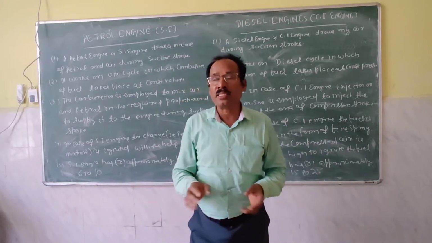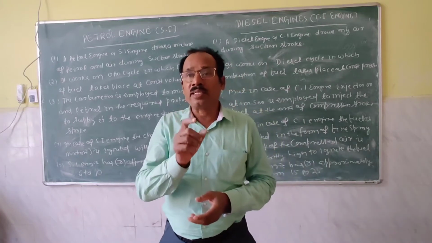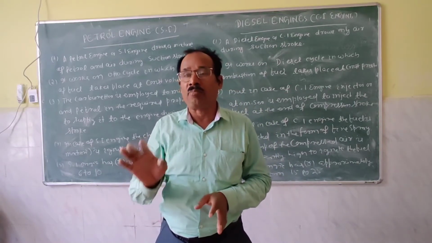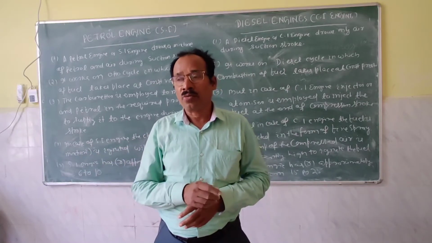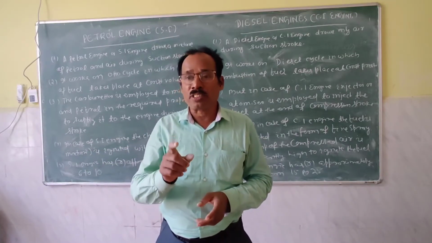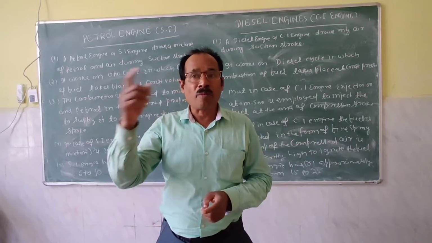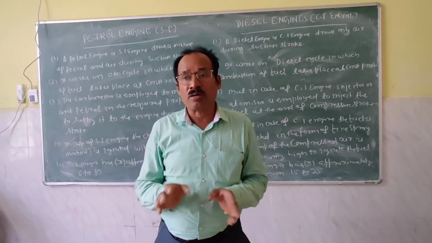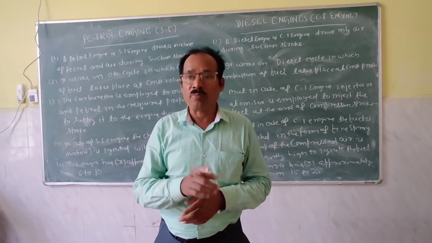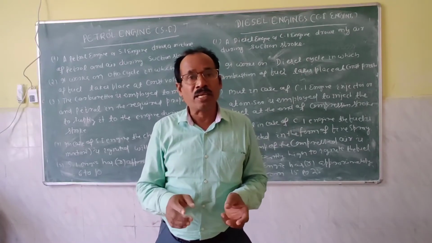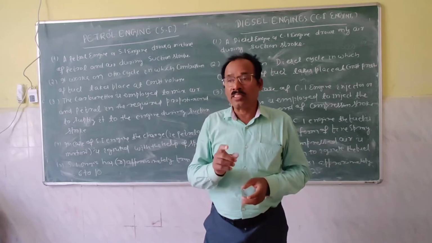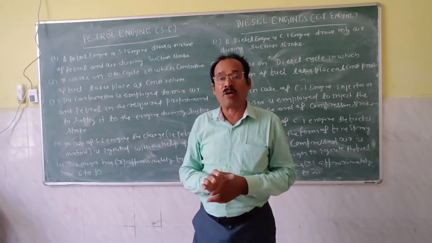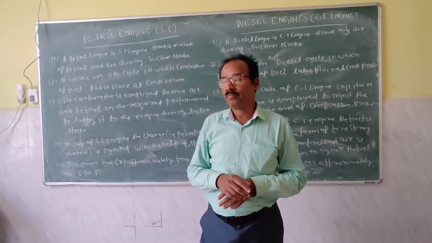For vertical engines, that means TDC and BDC, top dead center and bottom dead center. What is TDC? When the piston is at topmost, towards the cover end side of the cylinder, it is known as top dead center. What is BDC? When the piston is towards the crankshaft, it is known as BDC or bottom dead center.